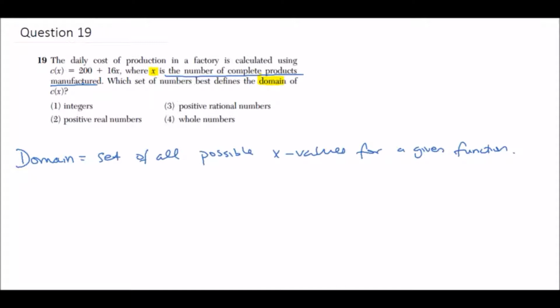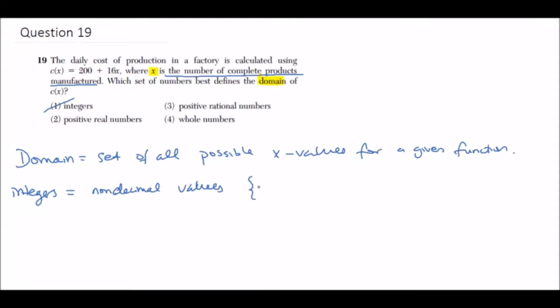Well, could we manufacture negative products? Certainly not. So we could go ahead and get rid of integers. Integers are non-decimal values, but they include negative numbers.